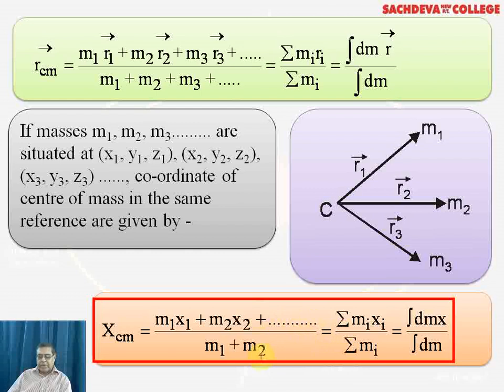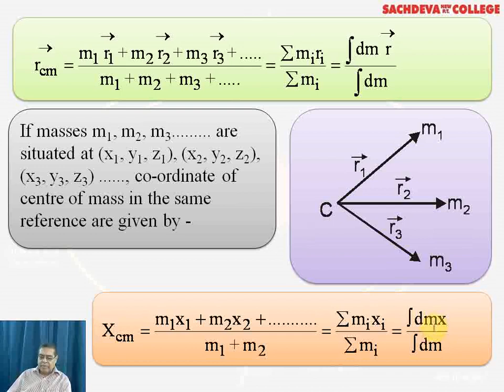Now, this can be written in short form as sigma mixi over sigma mi, and that is equal to the integration of x dm divided by the integration of dm. Here mi means the mass of the ith particle, and xi means the distance of the ith particle.